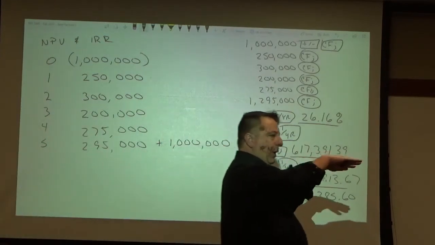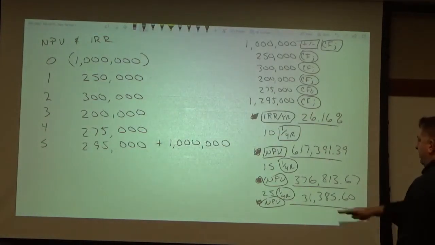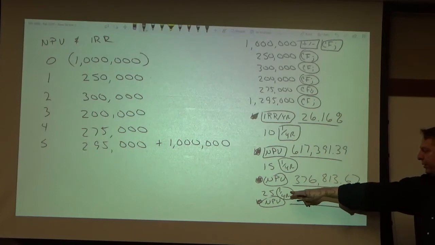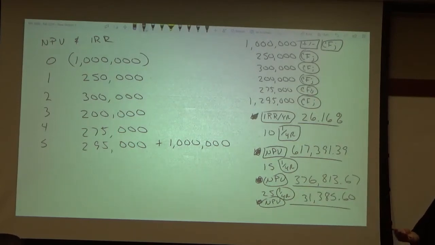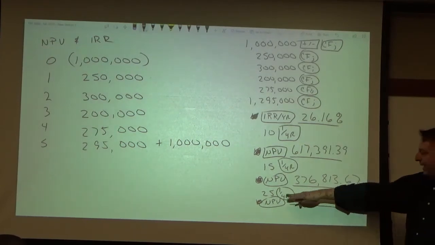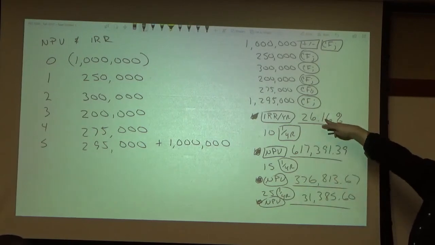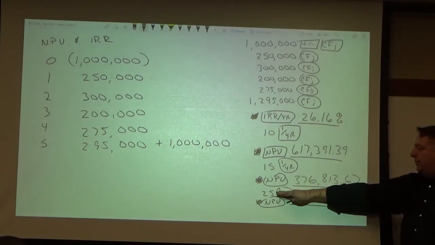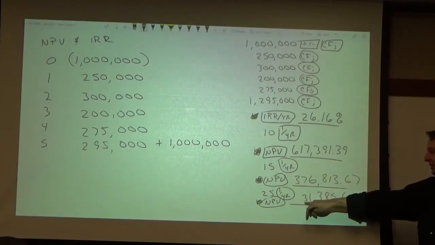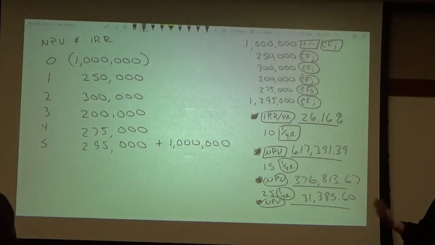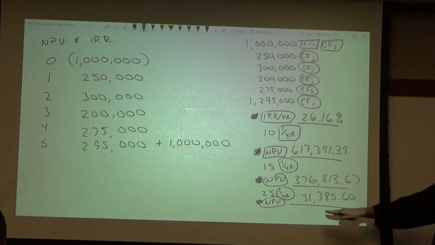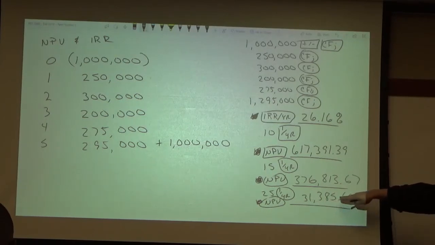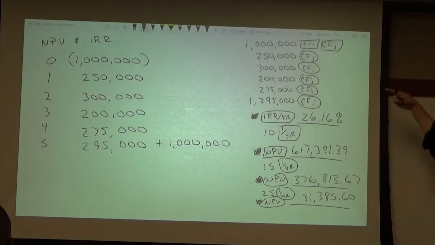Now we have set our hurdle rate at 25%, so we're still making a profit, because the hurdle rate is still below the overall return of the project. But it has substantially lowered the amount of profit above and beyond that hurdle rate. Does that make sense? So now we're only at about $31,000, meaning we could have paid an additional $31,000 up front and still met our hurdle rate.